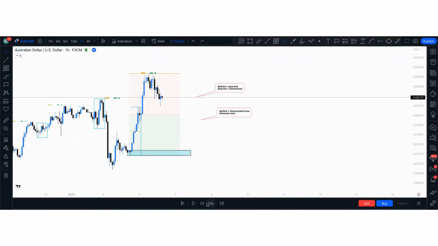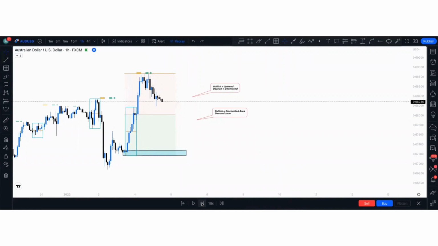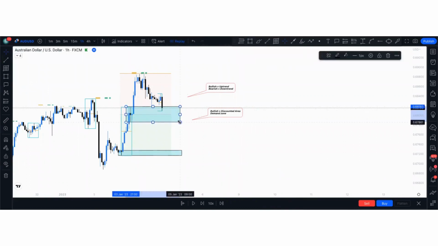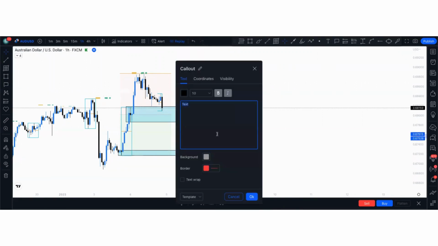So let's see if the price will go or just react on this one, because you may see that a significant move already also happened on this area. We don't know it yet, but we have a plan, right? So we need to plan our trade and trade our plan. So let me take note of that.